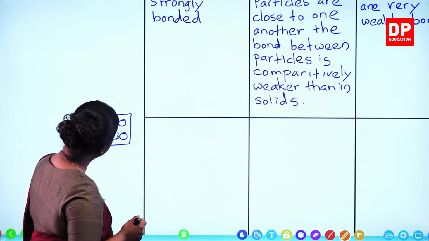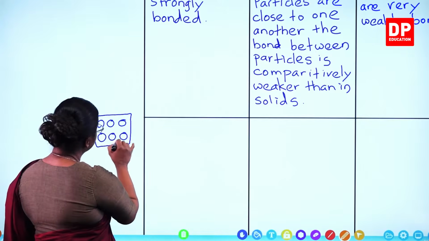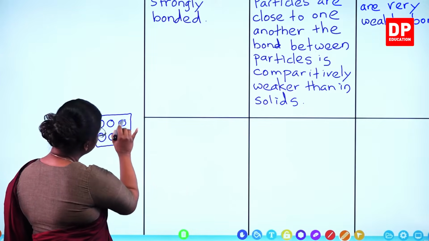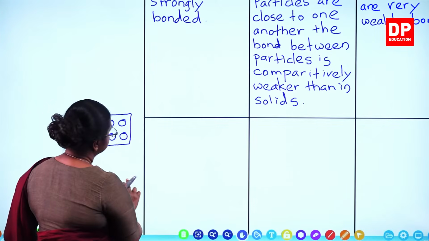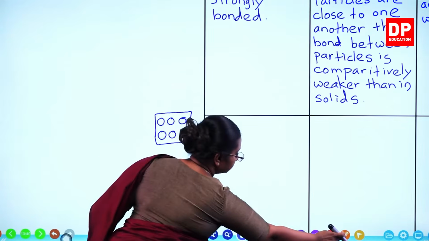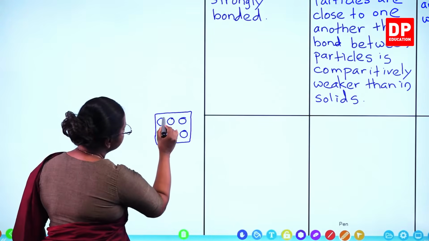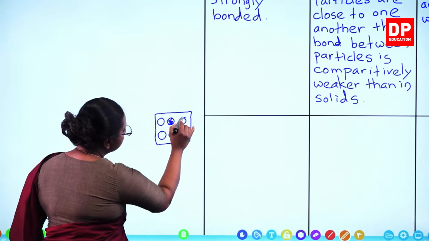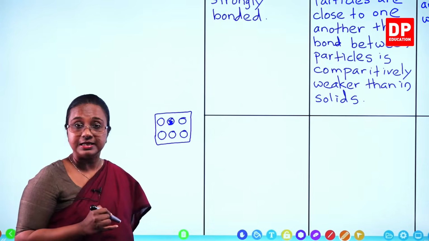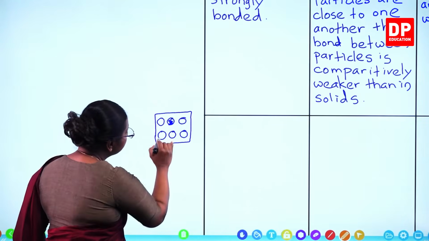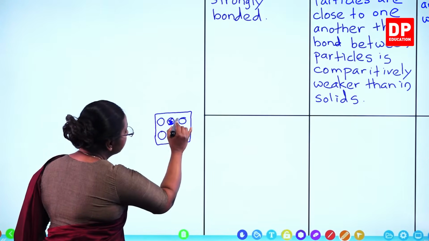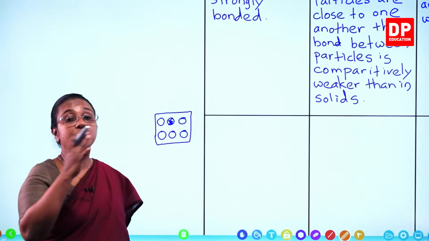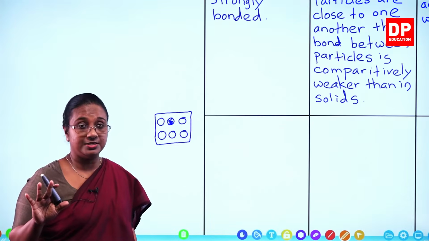Now let's say we have a particle here. It is surrounded by all the other particles there. Relative to these particles, this particular particle cannot move from its position.